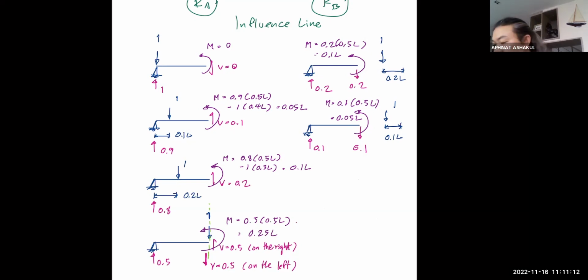So now I am going to plot the magnitude of these design functions, beginning from shear. So that's a shear, okay? Shear at midspan.